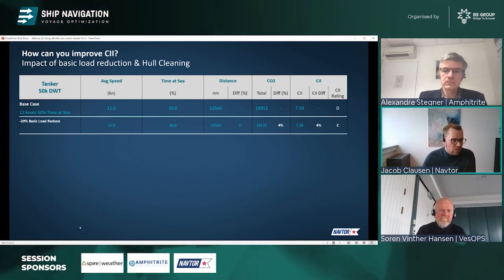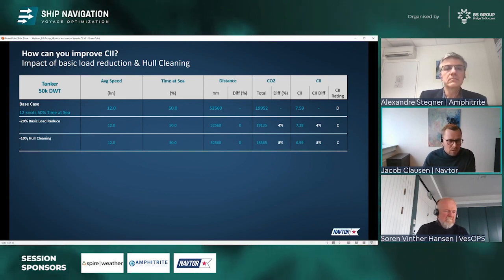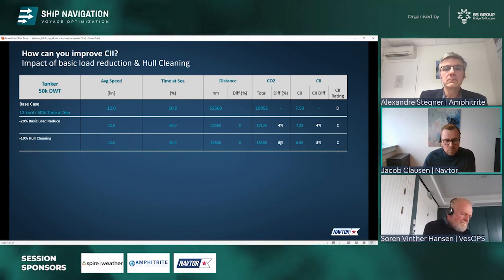So if we look at a 20% load reduction in this case, it can actually bring you from, say, a D rating to a C rating. Of course, you can also do a hull cleaning in this example, assuming a 10% reduction in main engine consumption, and that of course also impacts your rating quite a lot.